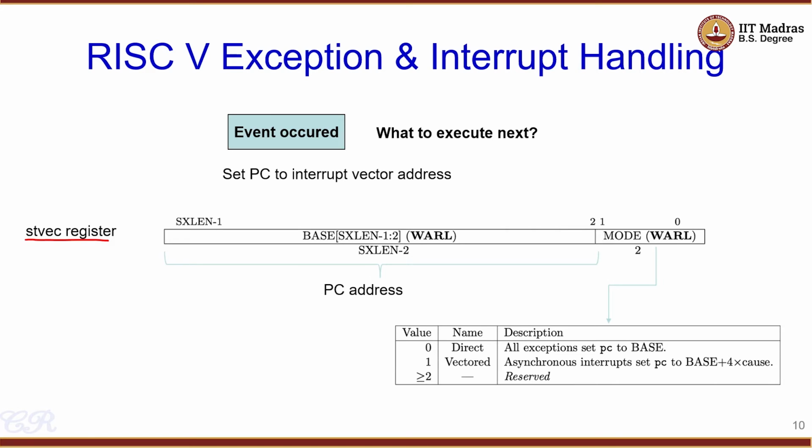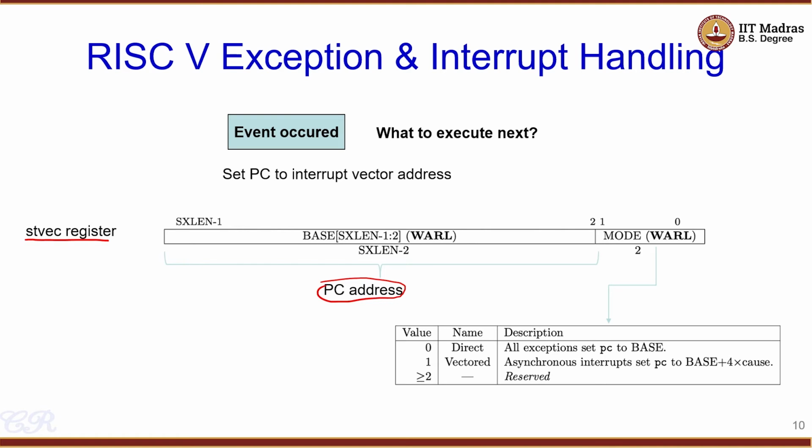The basic idea is that when a supervisor mode interrupt occurs, the base part of the Stvec contents is loaded into the PC. This would force the processor to start executing based on this Stvec address, and at that address one would hold the service routine or the function which will service that particular interrupt.